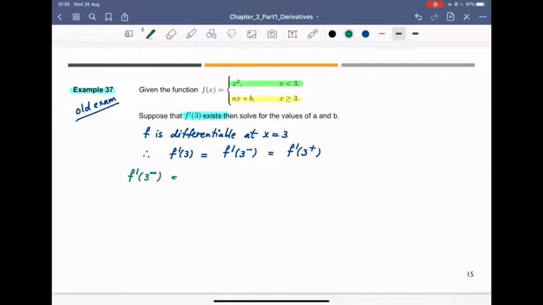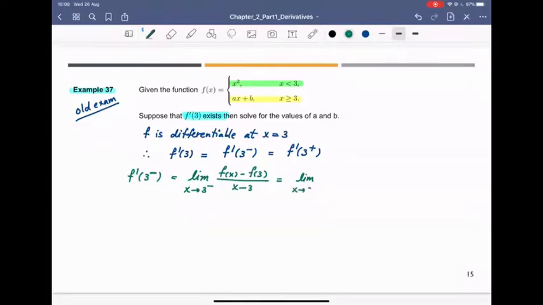So by definition, this is going to be the limit of f(x) minus f(3) over x minus 3, where x goes to 3 from the left. And once you look at the function, because x approaches 3 from the left, I am going to use the function x squared.